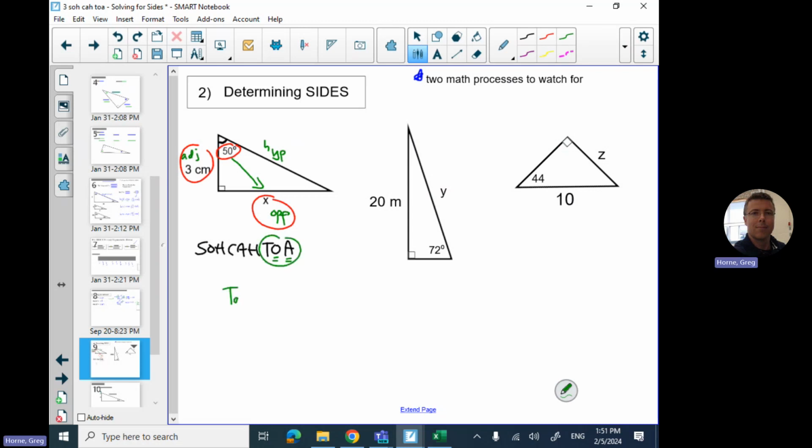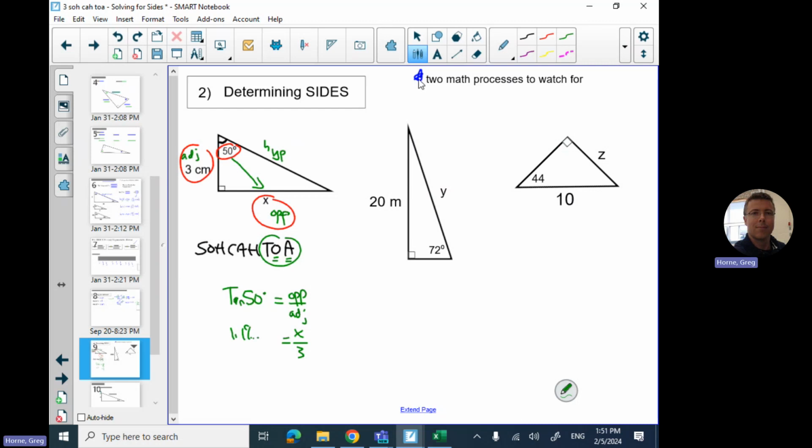We say tan of 50 must equal the opposite over the adjacent. So tan of 50 will equal the opposite, which is the X, over the adjacent, which is 3, and the tan of 50 we can just do on a calculator: 1.19.